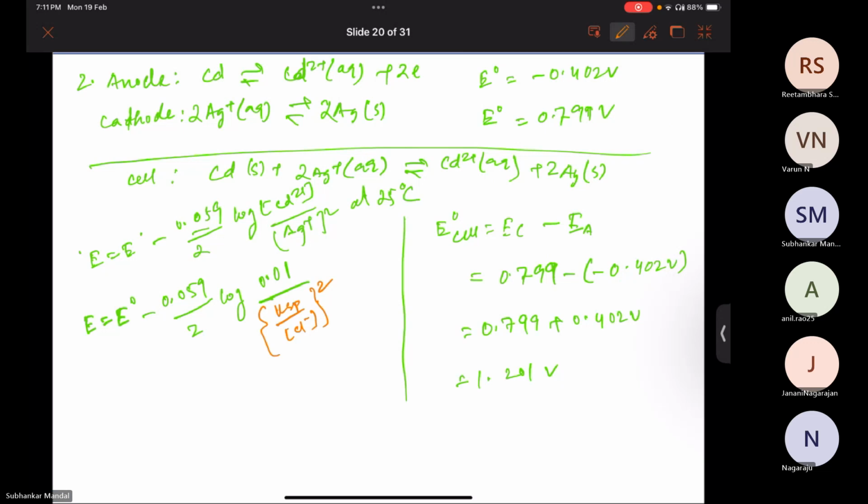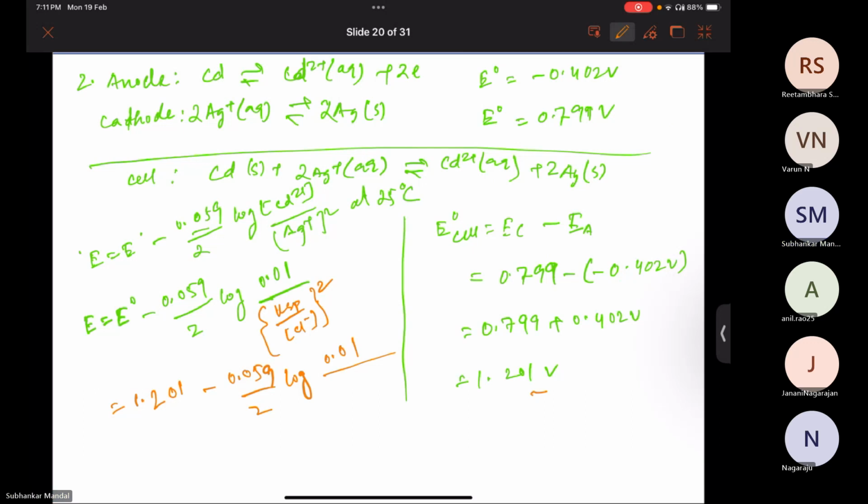Okay. So this value is standard, this one is given: 2.01 minus 0.059 by 2 log of 0.01.